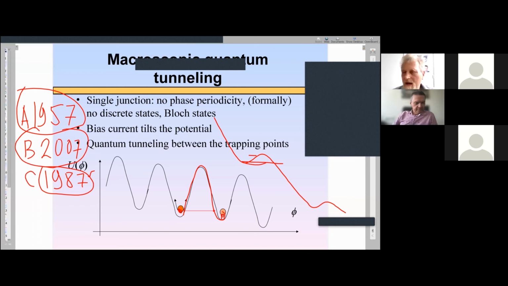Fine, it was a single junction, not a single island. So one could wonder if one can really make atoms out of that. I will soon answer that. The answer is positive, but let's go step by step.